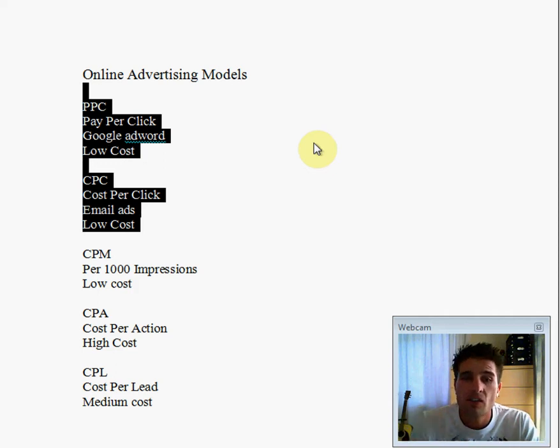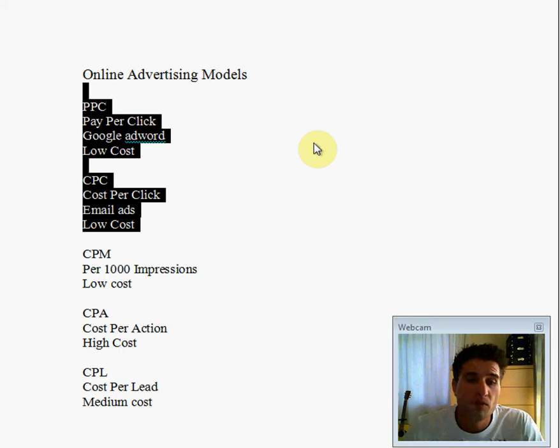So those aren't really difficult to understand. They can be low cost traffic sources just for testing things out, and they do work well. I'll explain a bit later how I use them all once I've gone through the whole list.